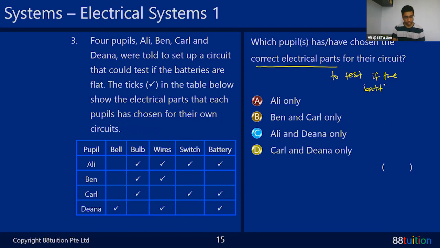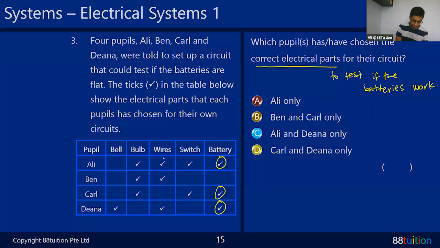Who has it? So go and look at Ali. What does he have? Go and look at Ben. What does he have? Each one of them has different tools. In order to make a complete circuit, what do you need? You need a battery, right? Definitely the first thing you need is a battery.